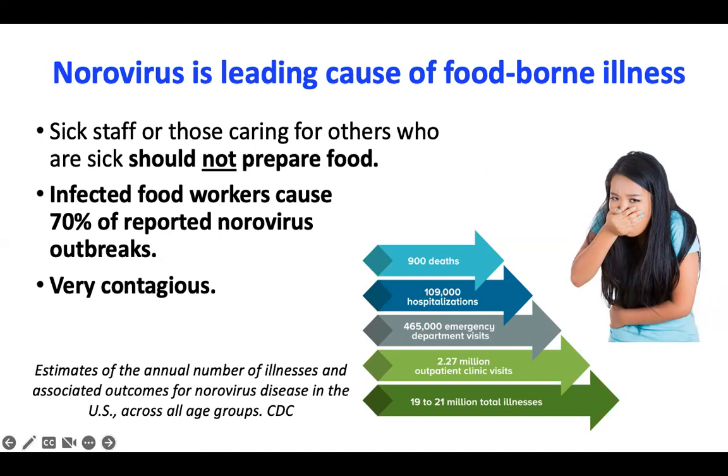Norovirus illness is very contagious, and sick staff and all those who care for others, if they are sick with stomach flu or norovirus, shouldn't prepare food. Infected food workers cause 70% of the reported norovirus outbreaks. So make sure there are hand washing stations, proper restroom cleaning and sanitation, and that workers report illness, which could reduce or limit the spread of this virus.